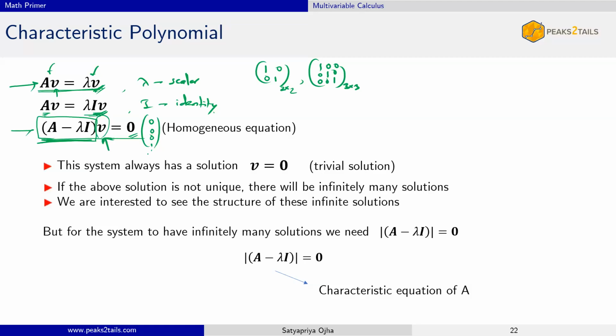Okay. Now we are looking for solutions. What are the possible V's and the associated lambdas? One trivial solution to this problem would be if you take V itself as 0, then any matrix multiplied by a 0 vector will give you a 0 vector. What's the big deal? Because the 0 vector has no size, no matter what kind of transformation you do to it, it will be a 0 vector.